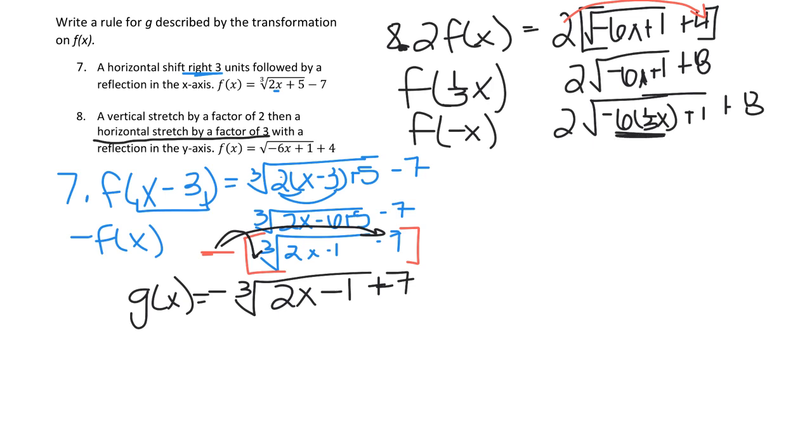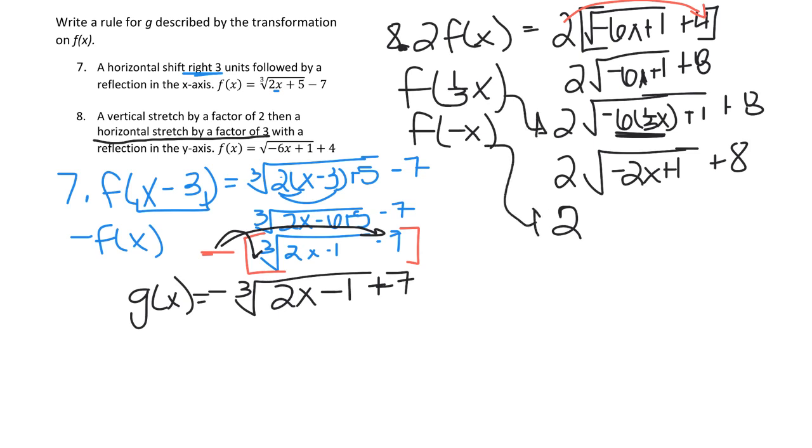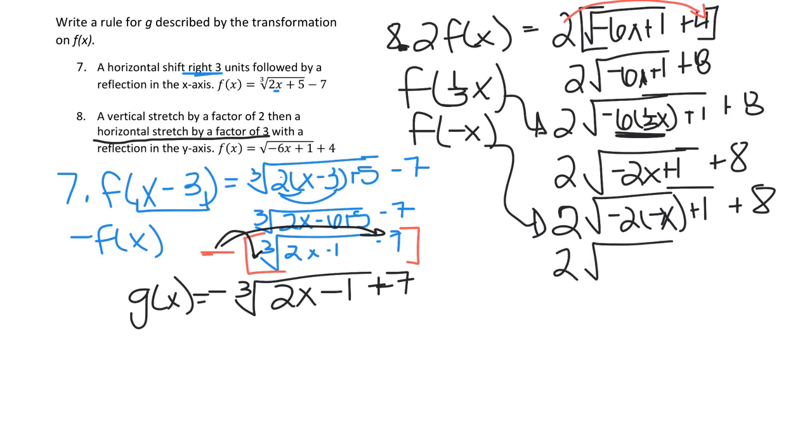It just multiplies the 6 and the 1/3 x, so that's 2 square root of negative 2x plus 1, because 1/3 of 6 is 2, plus 8 on the outside, and then f of negative x plugs in negative for the x, so negative 2 times negative x plus 1 plus 8, which is 2 square root of 2x plus 1 plus 8 is our g of x function.